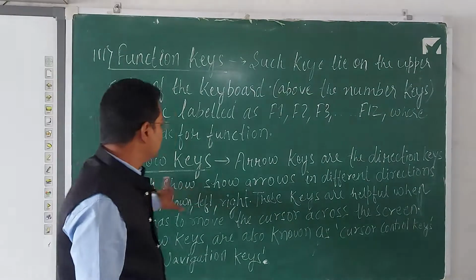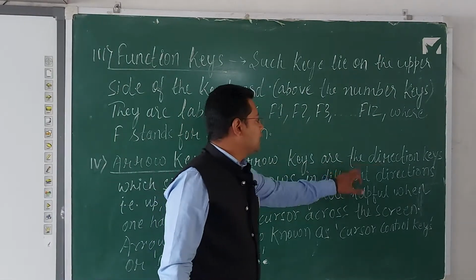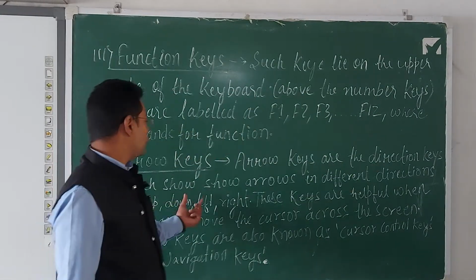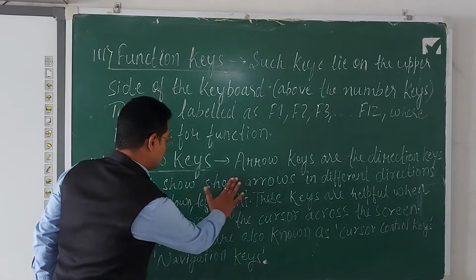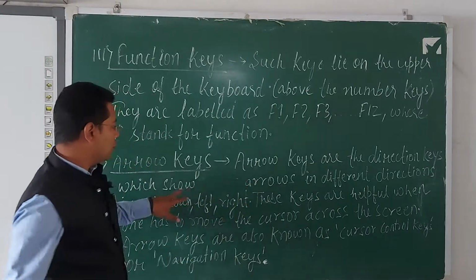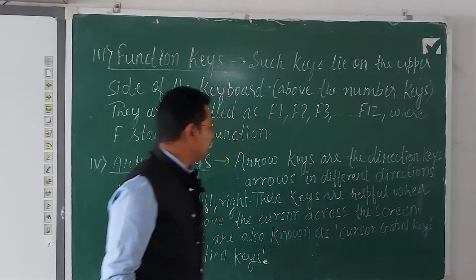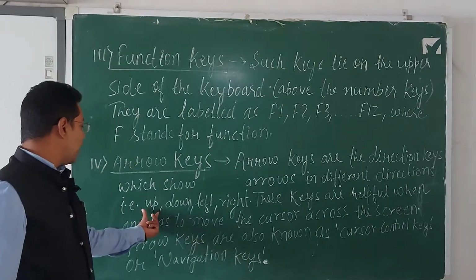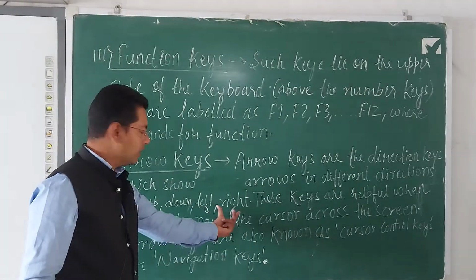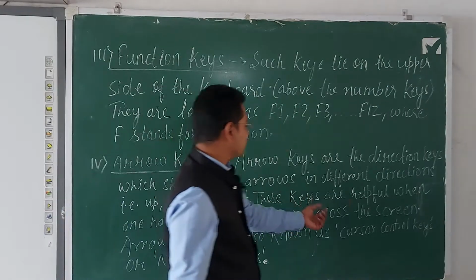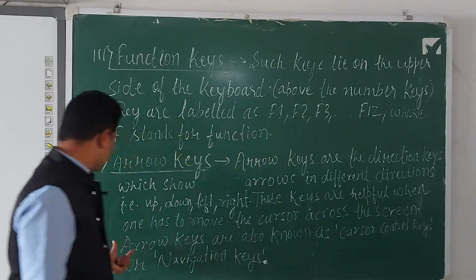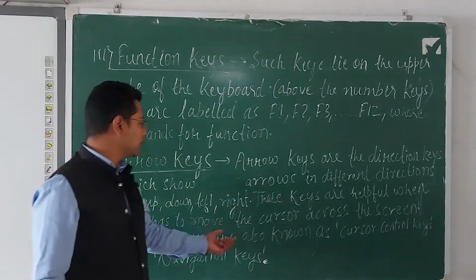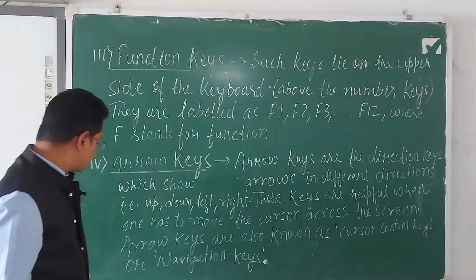So what are arrow keys? The arrow keys are the direction keys which show arrows in different directions, that is up, down, left, right. These keys are helpful when one has to move the cursor across the screen.